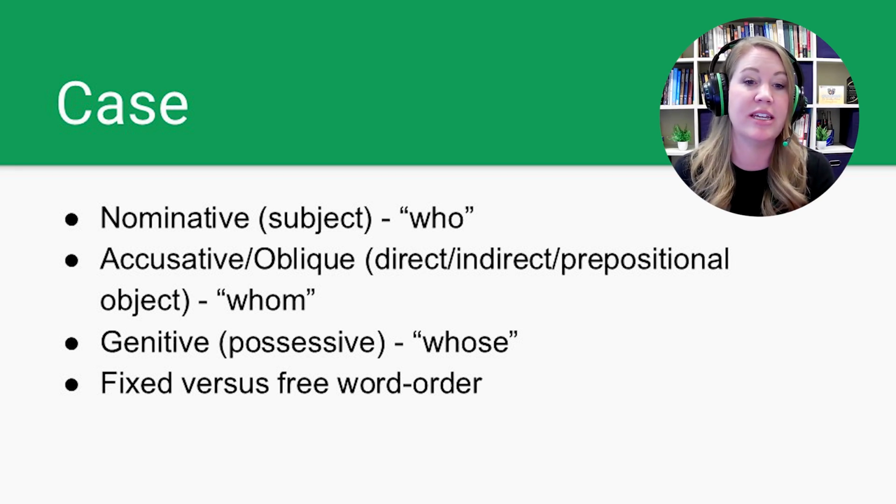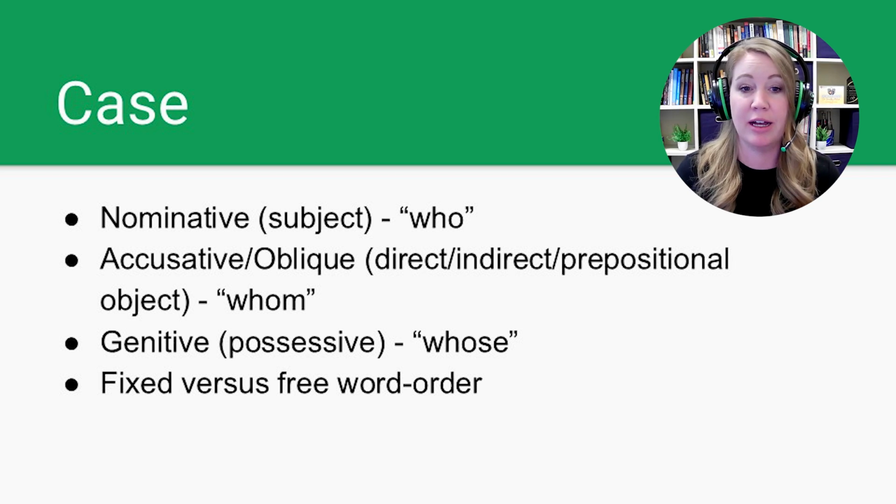Conversely, English is a fixed word order language because word order matters. If you say "Paul loves Mary," Paul is the subject. You cannot say "Paul loves Mary" and intend it to mean "Mary loves Paul," right? Because the order of the information matters. So case is a way to indicate the syntactic function of a noun.